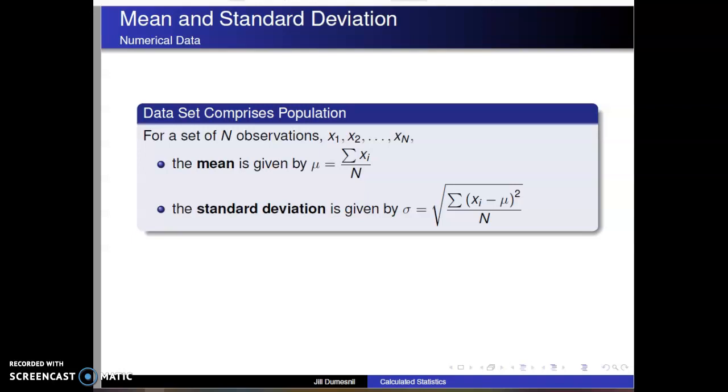In the numerator, you sum xi minus the mean squared, and divide by N. Remember that the standard deviation is going to tell you how far on average your data values are from the mean. So we want to subtract our data values minus the mean.